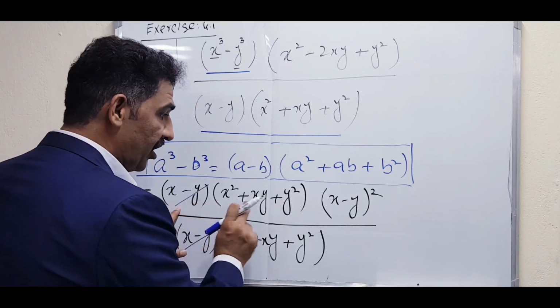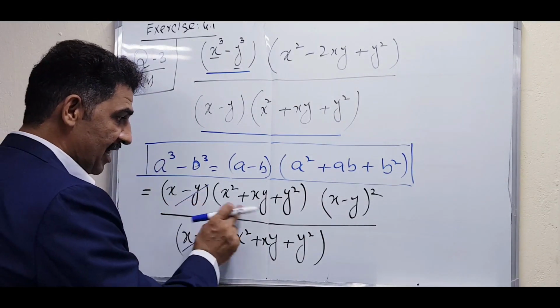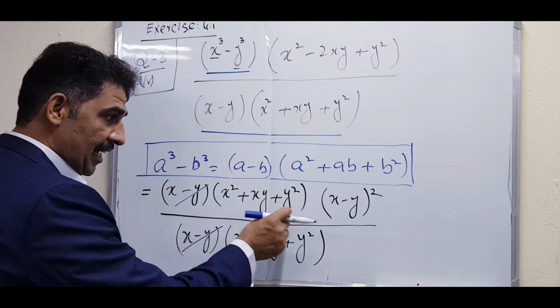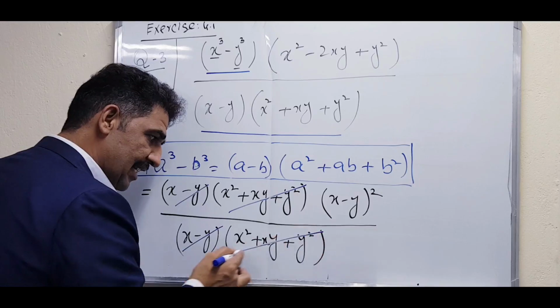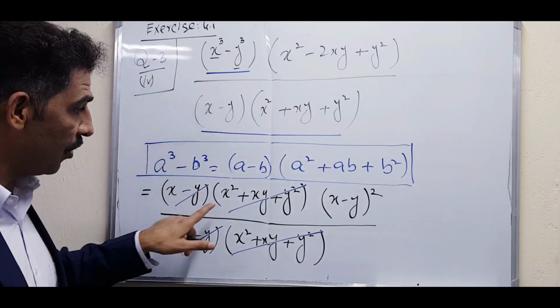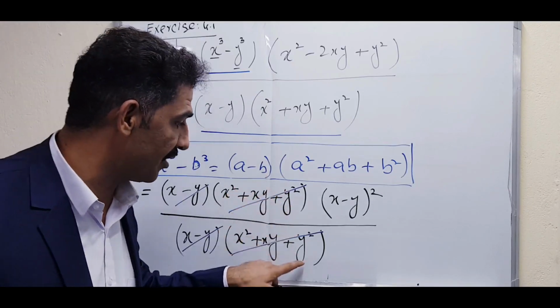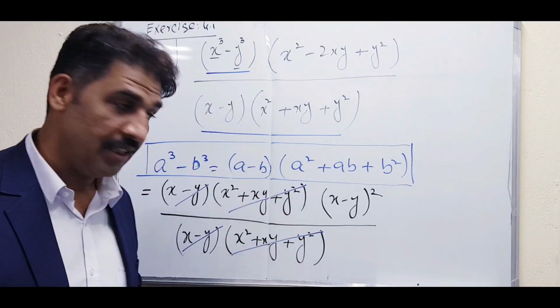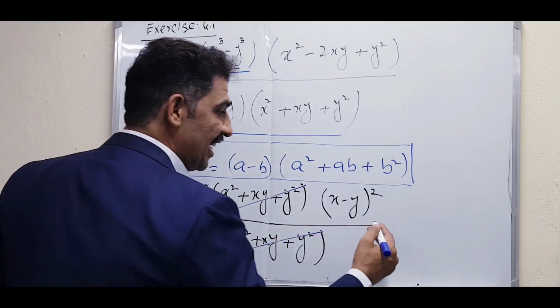There are a total of 3 terms here, right? Due to the bracket, we have to cancel this and this completely. It is out of rule if you cancel x square by x square, xy plus xy, then y square plus. It is out of rule. So with one line cancel this one and you will get the answer.